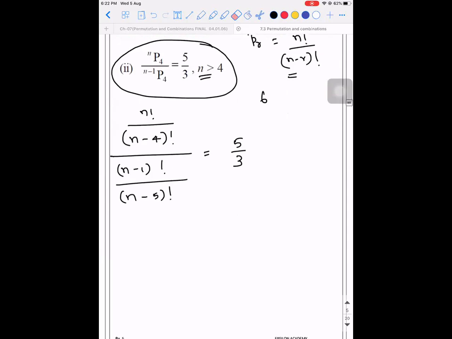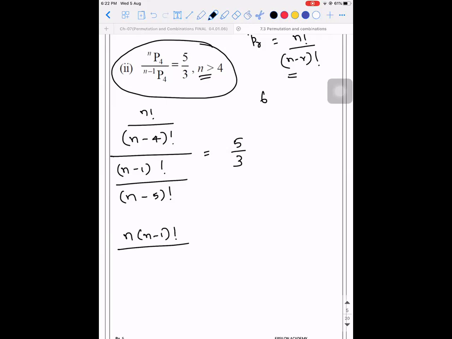Out of n factorial and (n minus 1) factorial, which one is bigger? N factorial is bigger. So how should I write it? It will be written as n into (n minus 1) factorial. Out of n minus 4 and n minus 5, which is bigger?